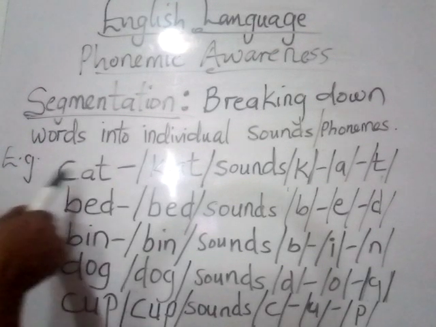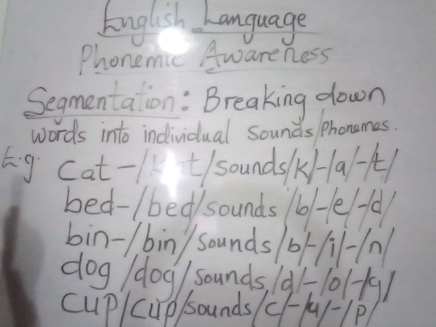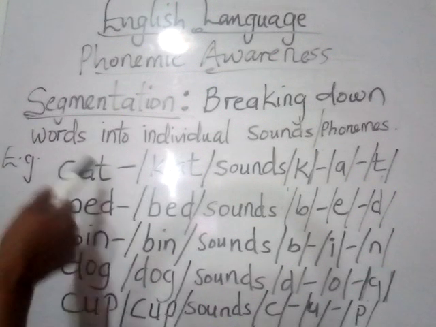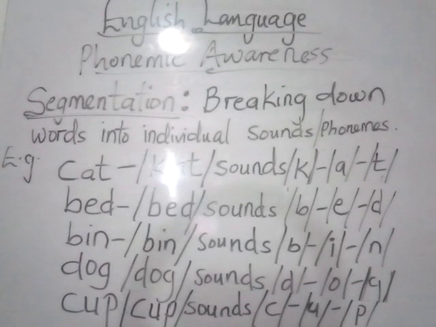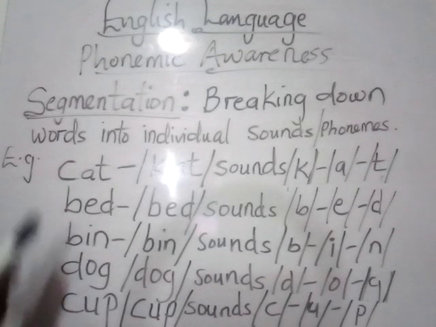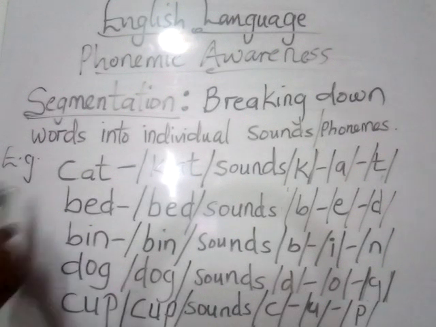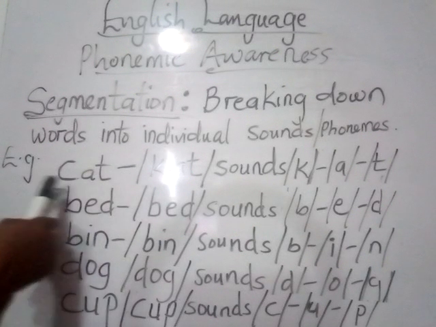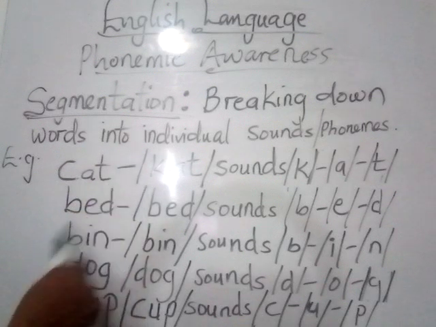So the first example we have here is the word cat. C-A-T, cat. Remember when we were going through our alphabets in English language and also their sounds, we mentioned that letter C makes the sound K, similar to the sound letter K makes. So here we have cat, spelled C-A-T.